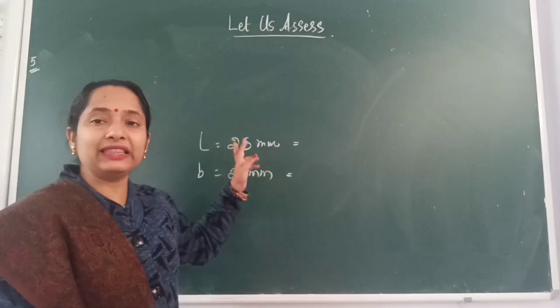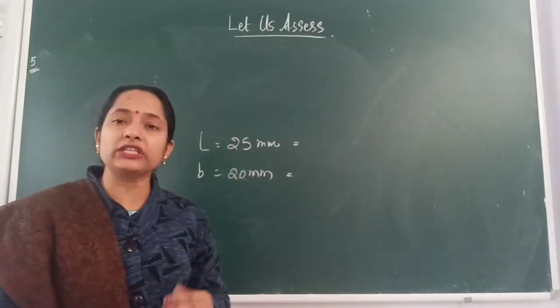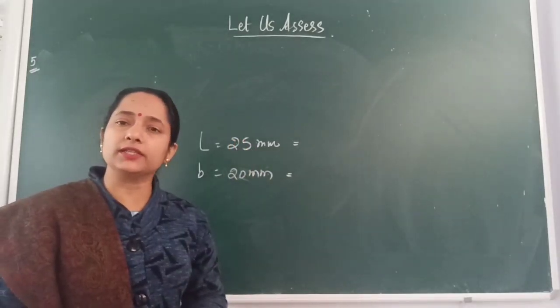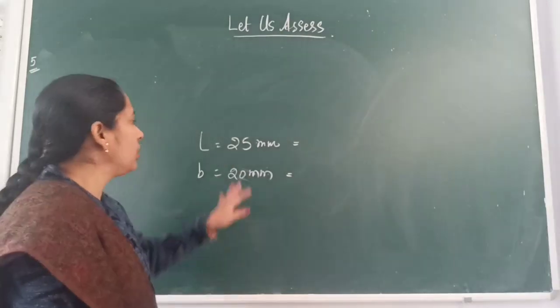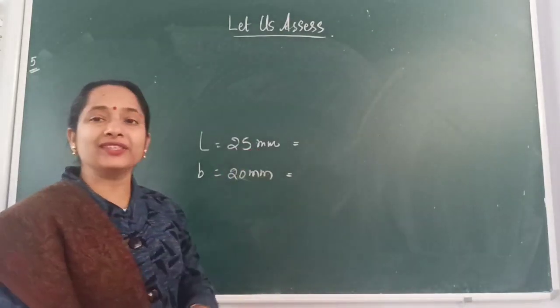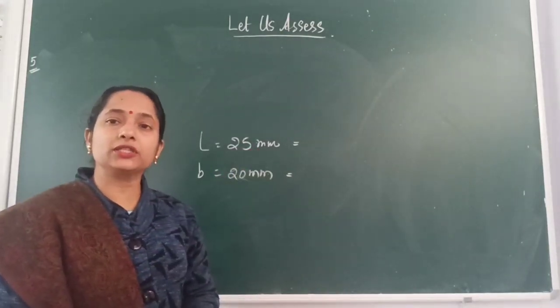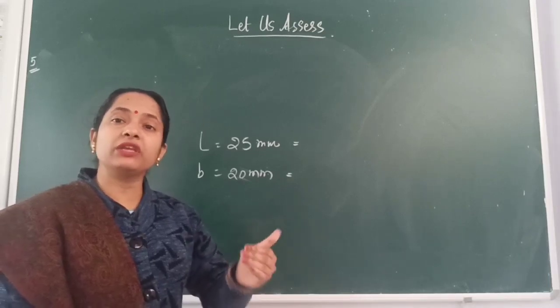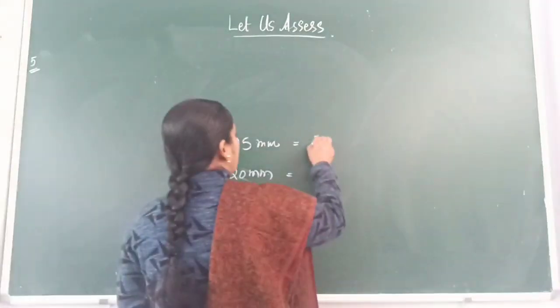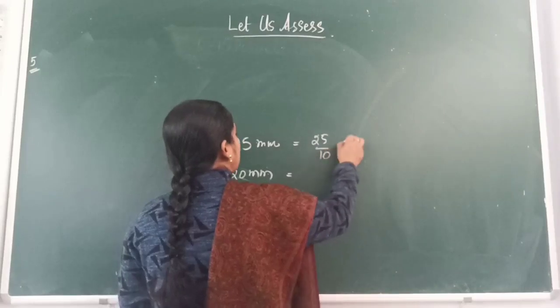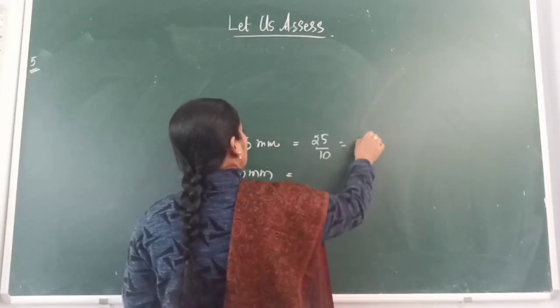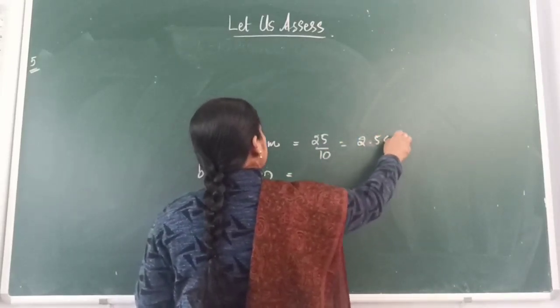As the length and breadth is given to you, what is the shape of this eraser? It is in the shape of rectangle. So we know that 1 centimeter is 10 millimeters. Then when you convert millimeter to centimeter, simply you divide it by 10. So you get 2.5 centimeter.